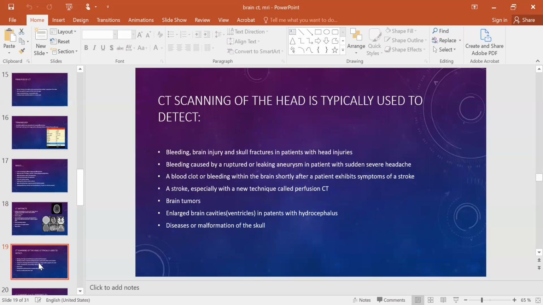Why and when do we use computed tomography scanning of the head?